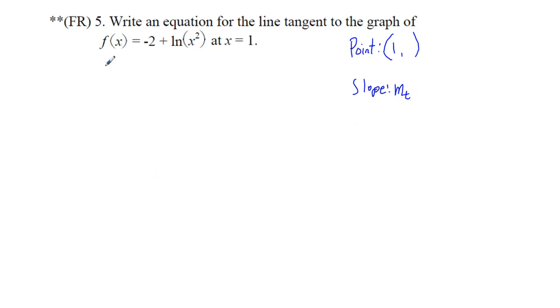So to find our y-coordinate, if we plug in 1 for x, we get -2 plus natural logarithm of 1.